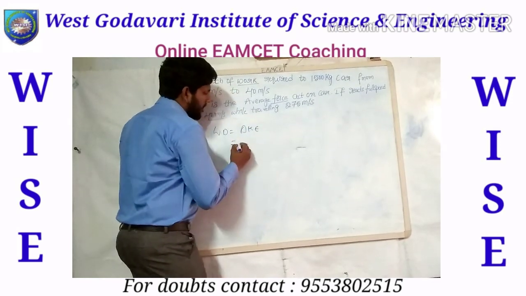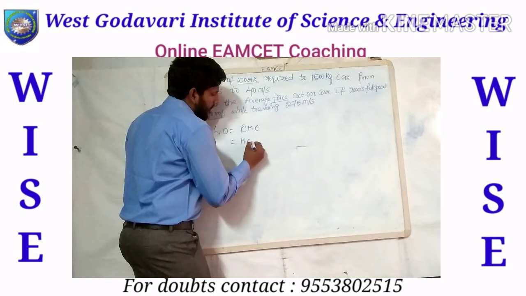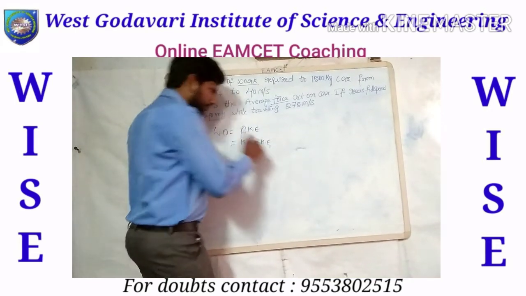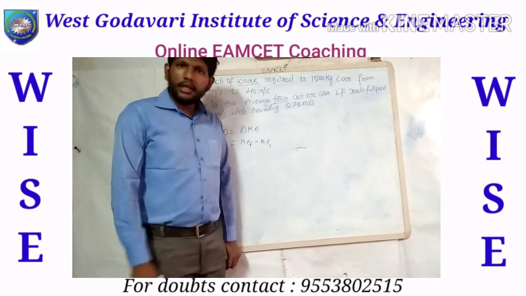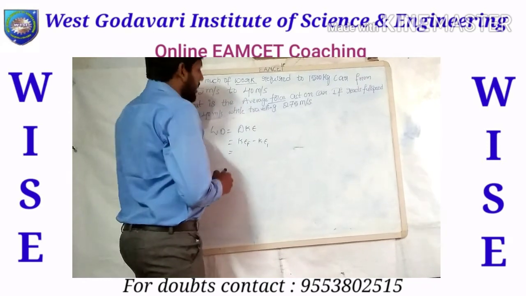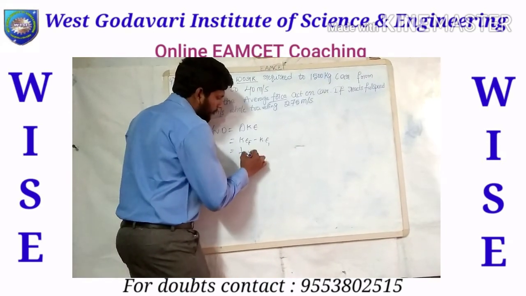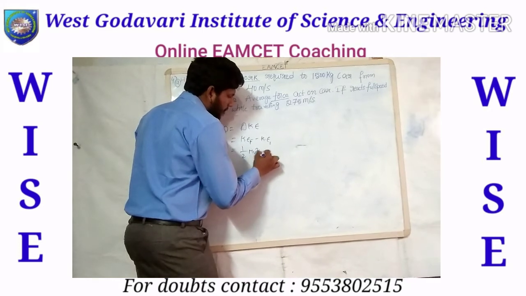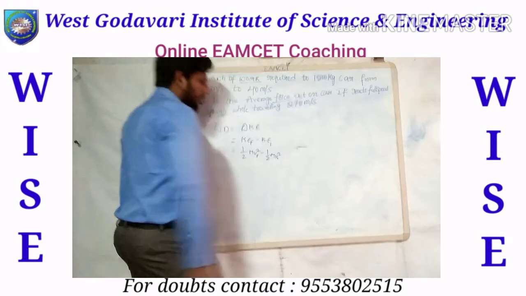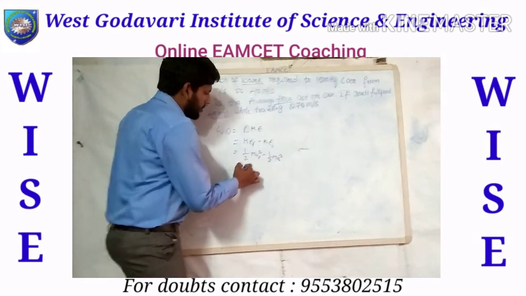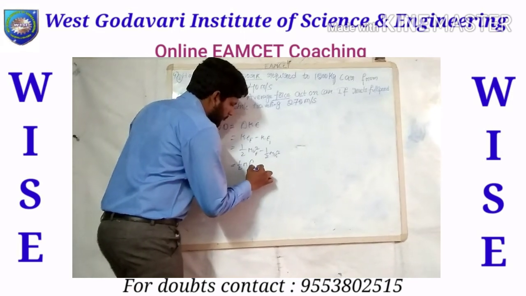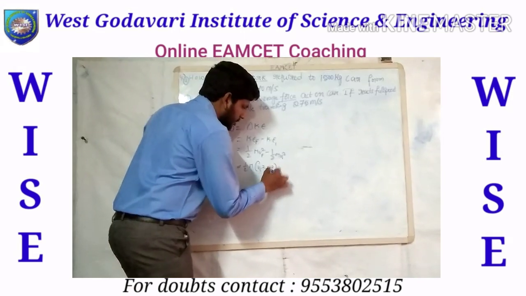Simply, we can write it as KE final minus KE initial. In elaborative form, half m v final square minus half m v initial square. Now, taking the common terms, mass into Vf square minus Vi square.